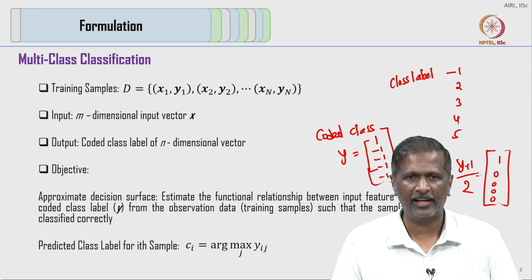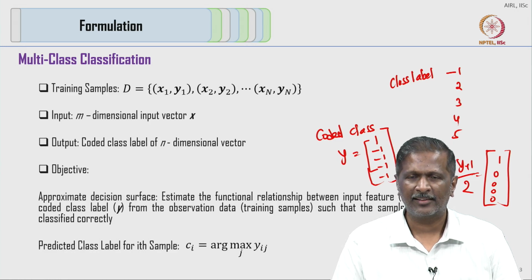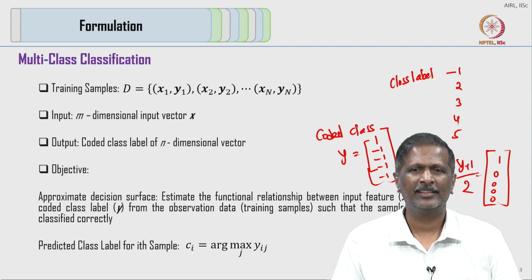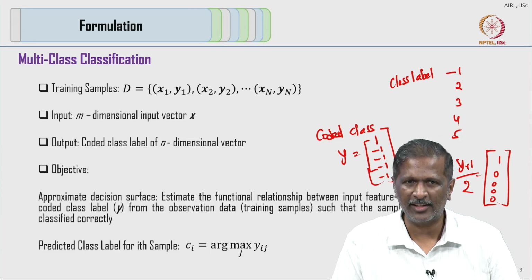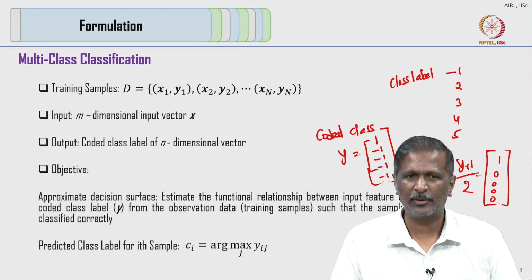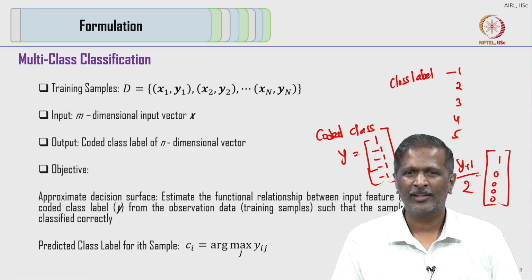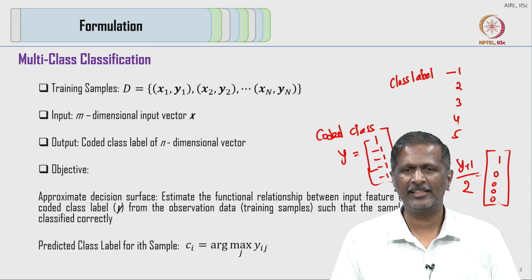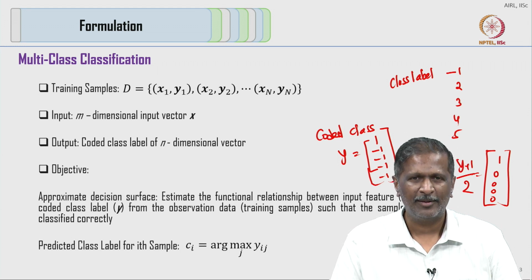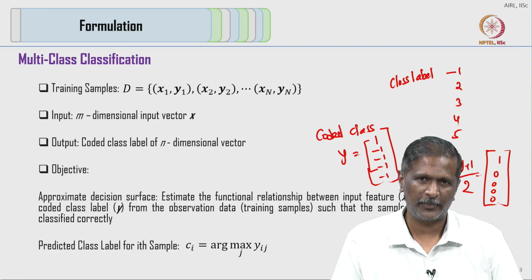Here the observation data is nothing but your training samples, such that the performance is better. What is the performance here? Classification accuracy is better, or maximized. If there are n samples, I want all n samples to be correctly classified. If all n samples are correctly classified, my performance is 100%.